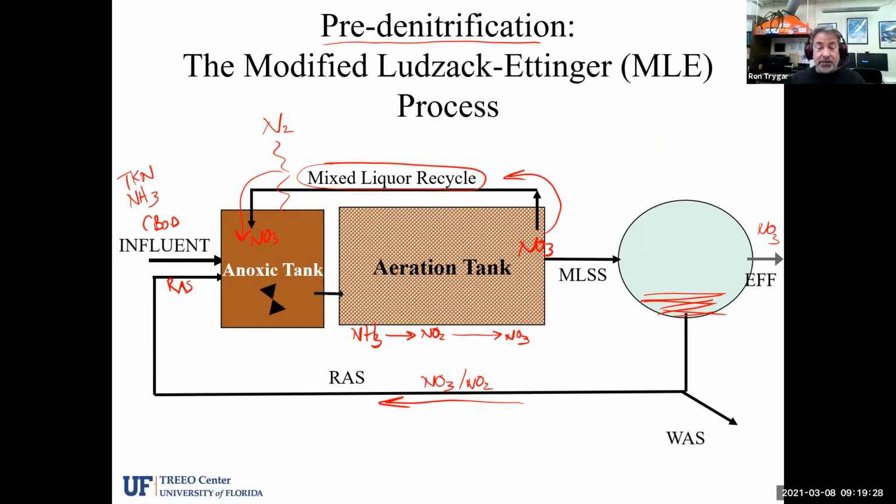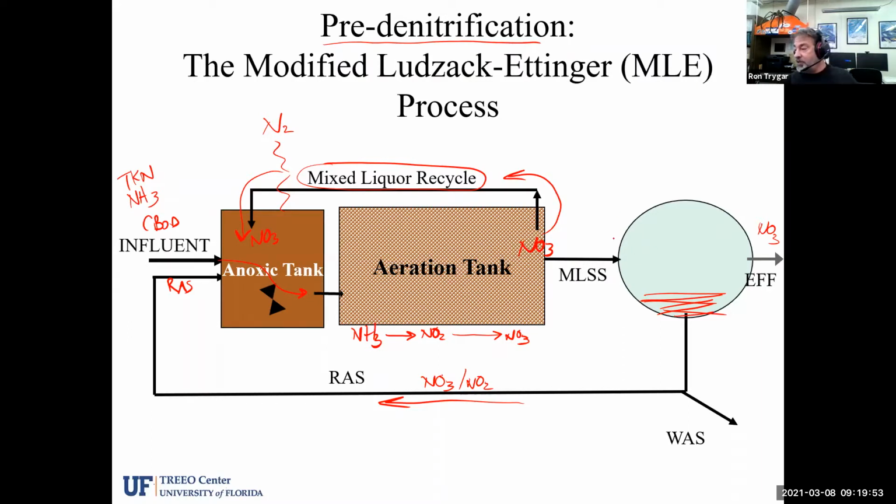The ammonification could still be happening, where we're getting some of the organic nitrogen converted into ammonia, but essentially the number is going to be relatively constant and then flowing into the aeration tank. So the aeration tank is utilized now more for the nitrification process and to polish any BOD that may have made it through the anoxic tank.